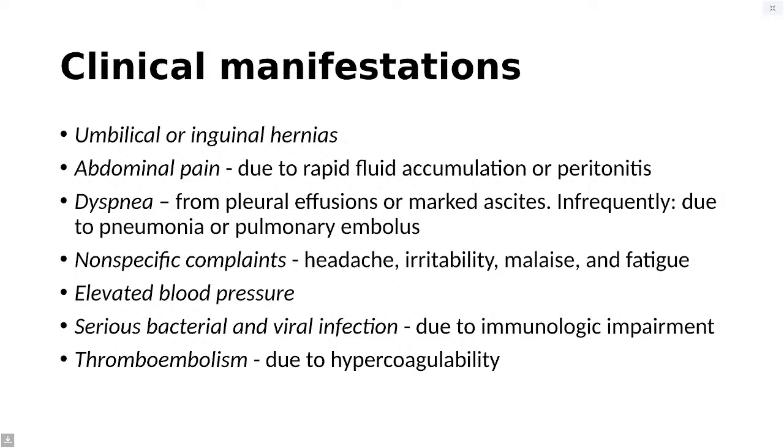Infrequently, dyspnea due to pneumonia or pulmonary embolus. The non-specific complaints, headache, irritability, malaise, and fatigue are common in children with nephrotic syndrome. Elevated blood pressure is not common, but it's possible.